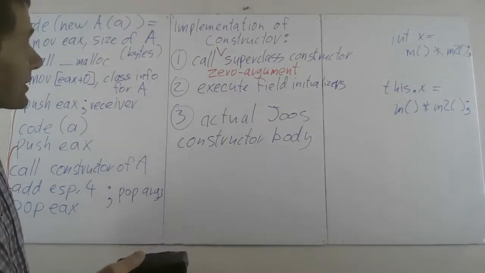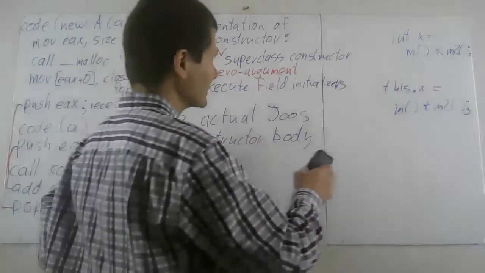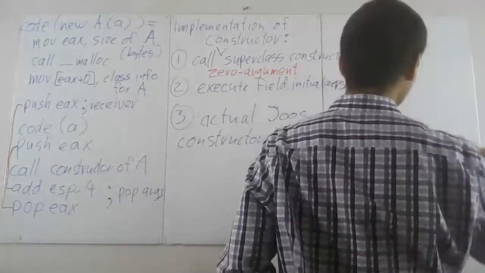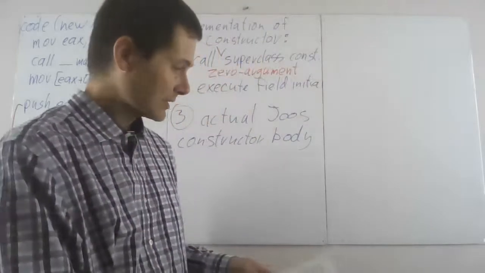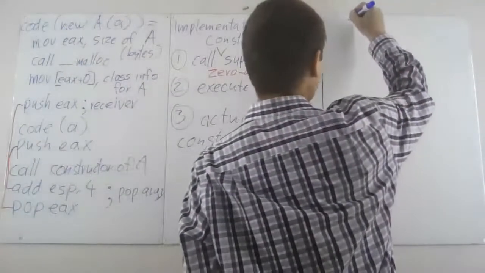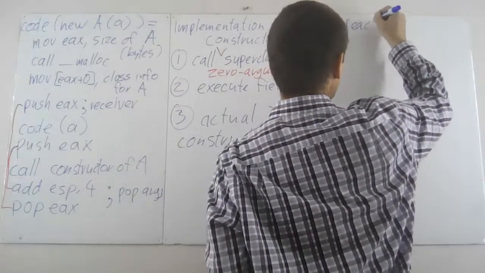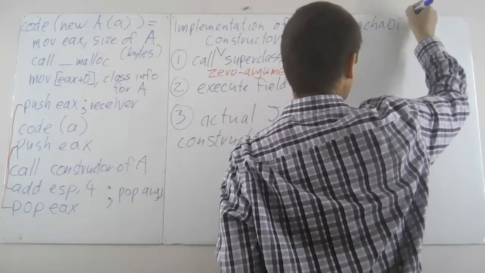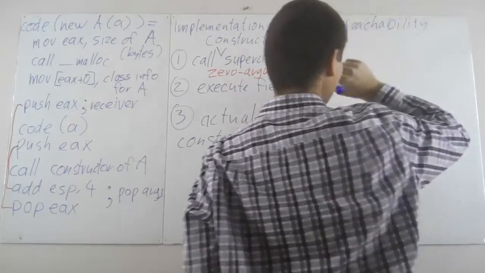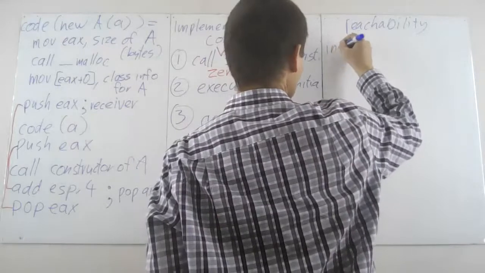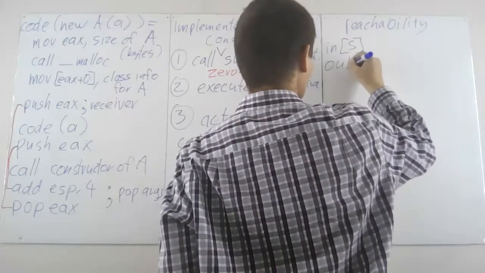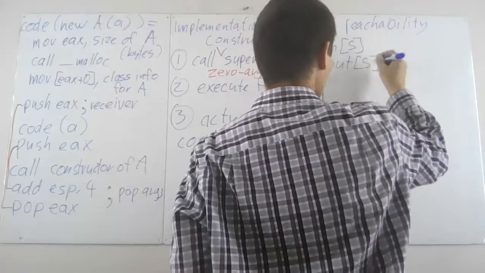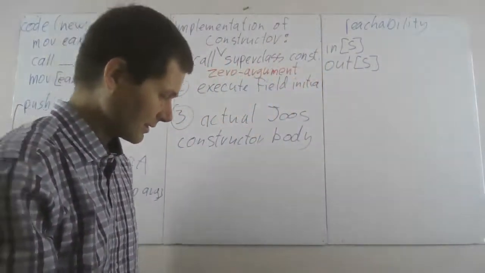Okay, so static analysis. Maybe I'll go over here. We did do the reachability analysis, right? Just to refresh your memories a bit, for the reachability analysis in assignment 4, we had these two sets for each statement, right?